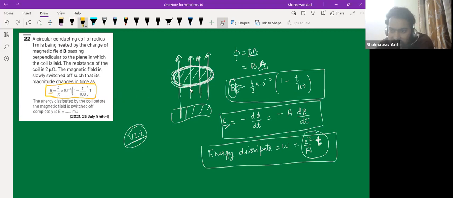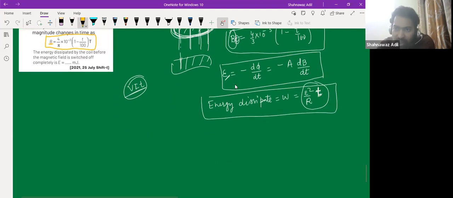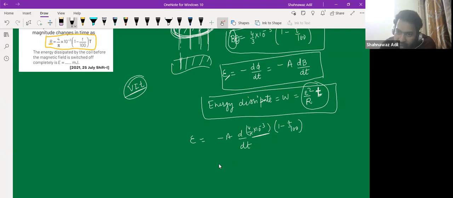So first, let us calculate this EMF. EMF would be minus of A, and the magnetic field is 4 by pi into 10 to the power minus 3, times 1 minus t by 100. So these are constant and will be taken outside.